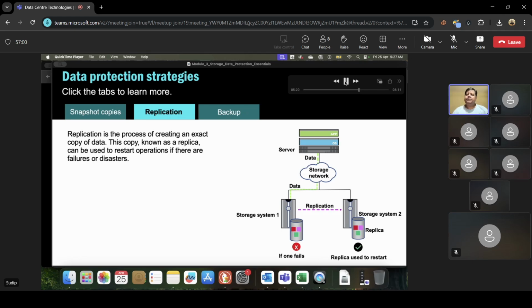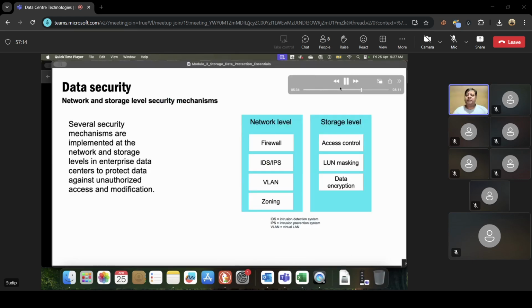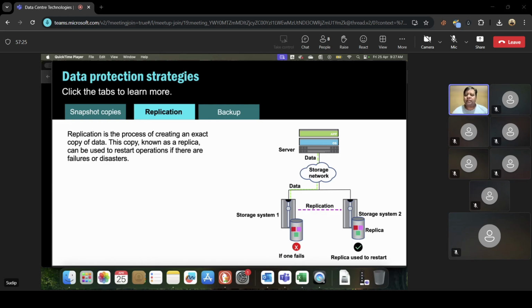And here is where we can have zero RPO, zero RTO solutions by using replication technology. That means not even a single byte of data needs to be lost, and at the same time, instantaneously on the other storage system, you can start running your workloads.